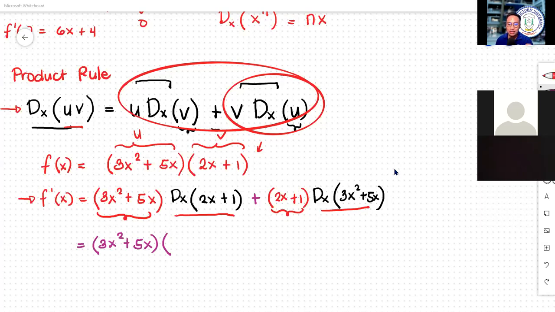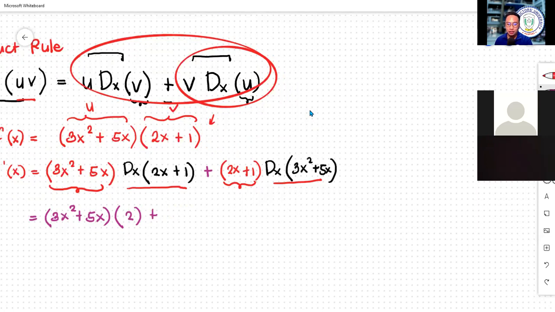window for our chat. So you said that the derivative of 2x plus 1 is 2. Then we write 2 here. And then plus, again, we don't do anything with 2x plus 1, right? 2x, sorry for that. And then 2x plus 1 times.